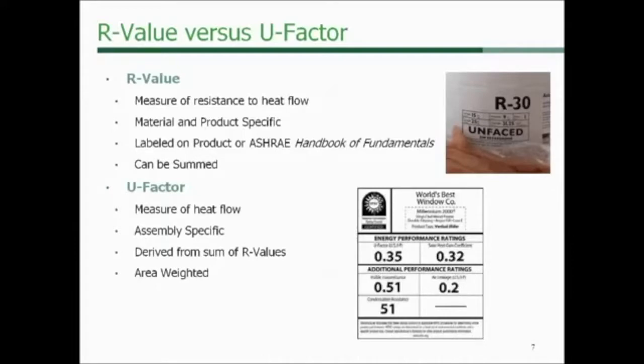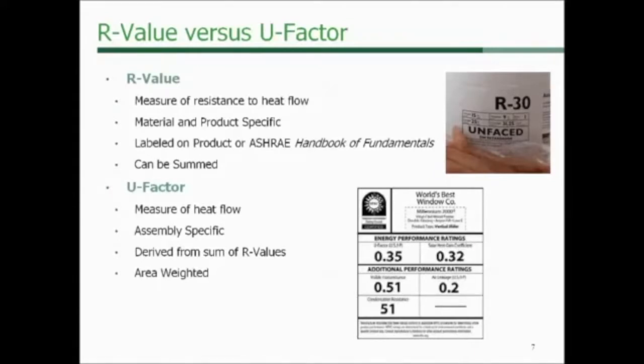U factor is kind of the inverse of the R value. It's a measure of the heat flow, so it's how much heat flows through it. And it's more assembly specific. You might be used to seeing it on a window. A window will have a U factor of, for example, in this case, 0.35. That is for the assembly of the window.